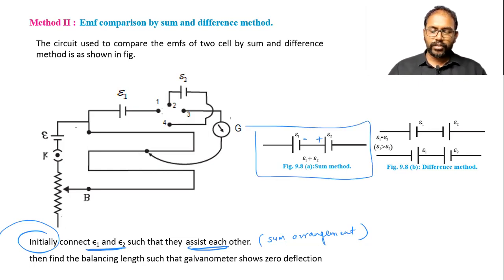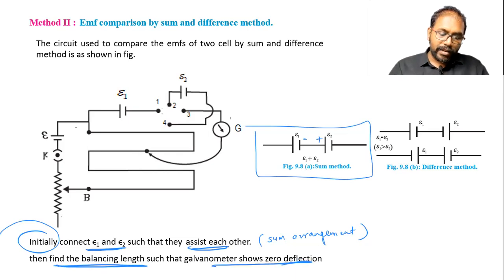Then find the balancing length such that the galvanometer shows zero deflection. After connecting the sum arrangement, we have to find the balancing point P. This is point A, and then the A to P length we have to measure. Let me consider this length as L1.